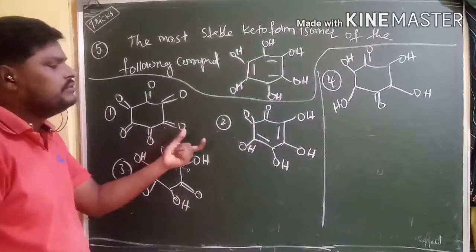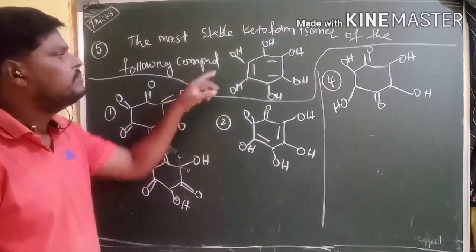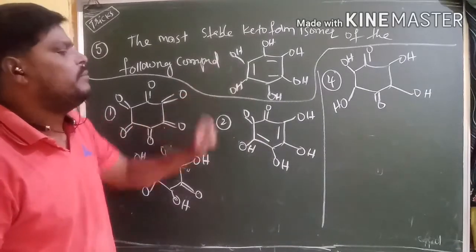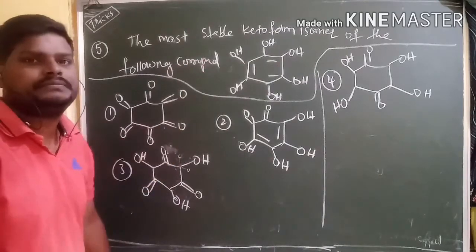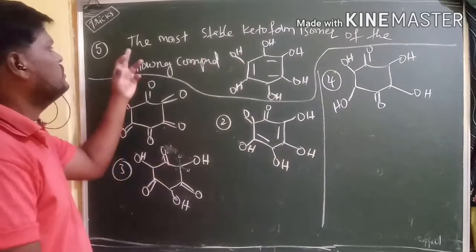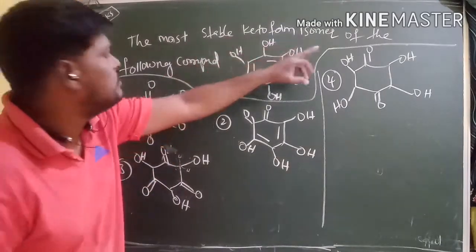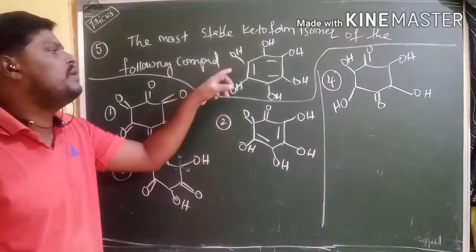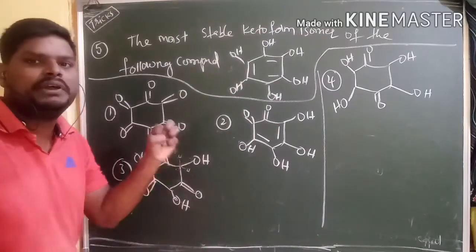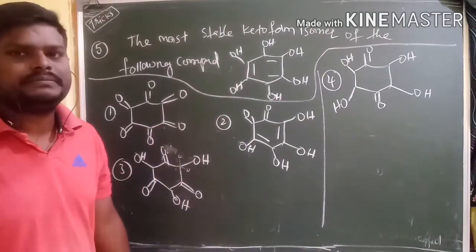Among these 4, which can form this enol form? You should find out of these 4 which can form this enol form. Among these 4, which can show the most stable enol form of this compound?